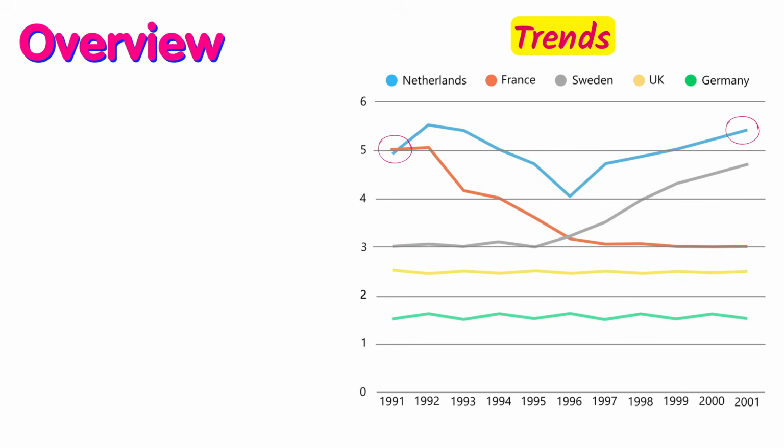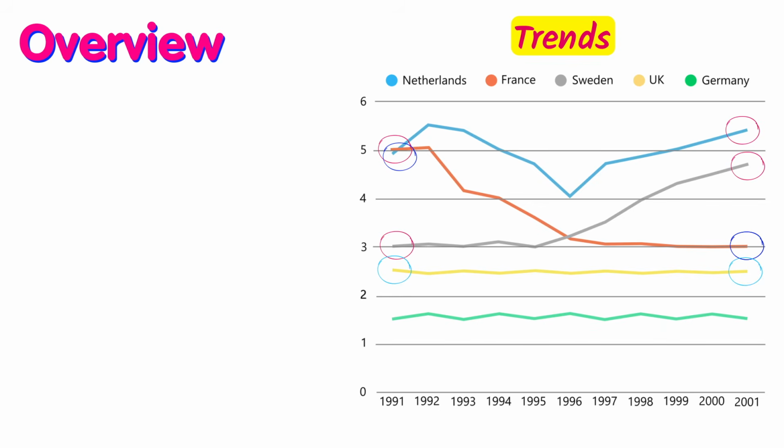It was upward, all right? And also for Sweden, all right? So Netherlands and Sweden, these 2 countries experienced upward trend. However, France declined significantly throughout this period. So it declined from 5 to around, let's say, 3, right?